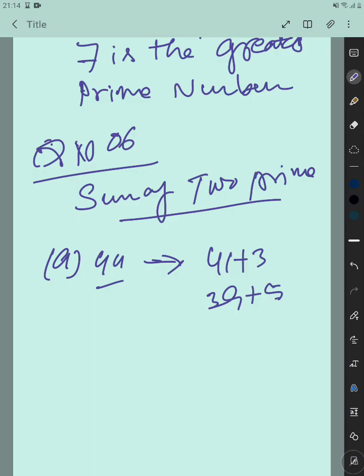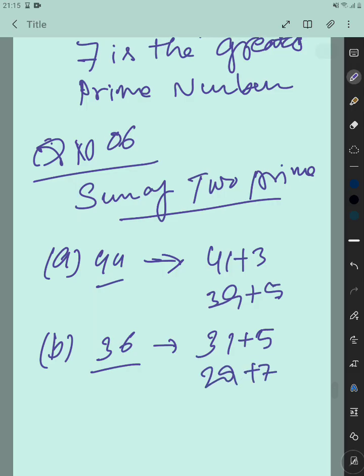Now we'll shift to b. B is 36. For 36, the nearest is 31, so 31 plus 5. The second can be 29 plus 7.